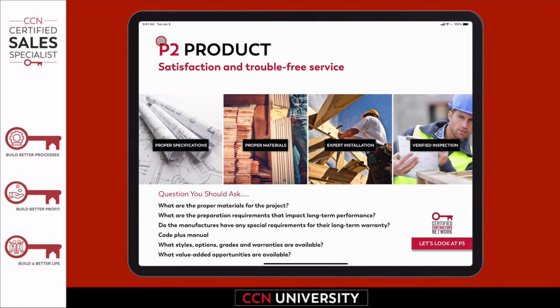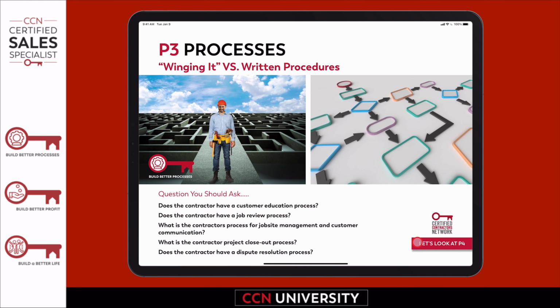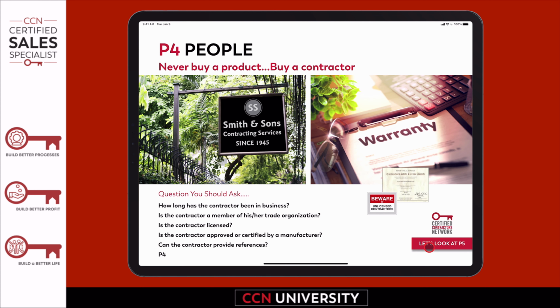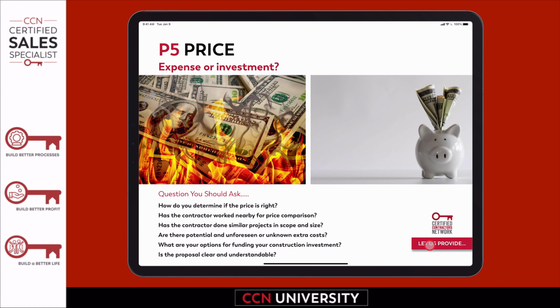Let's take a look at P3. The questions and assets for P3, P4, and P5 will be custom designed to promote the value and expertise of contractors who sell and install IKO quality products.